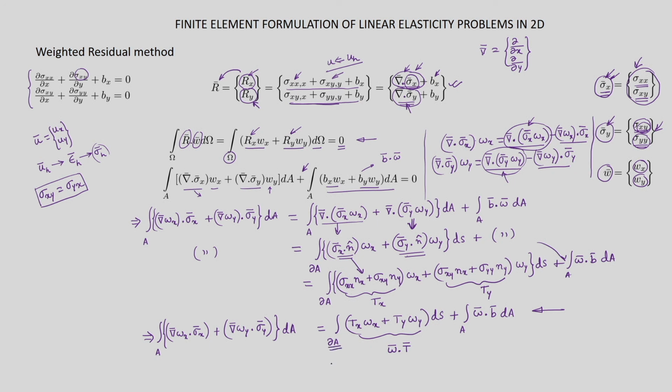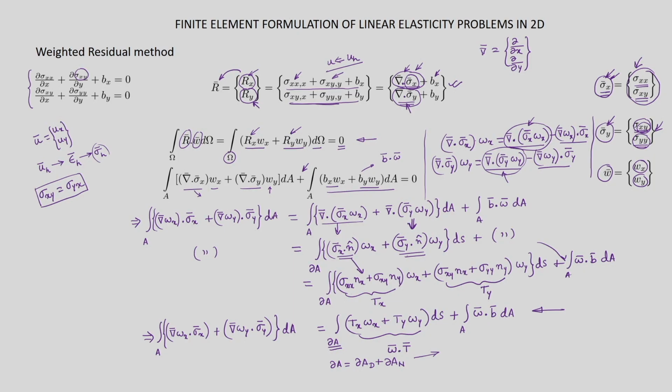Now we know that the entire boundary can be written as the Dirichlet boundary and the Neumann boundary. And you remember how we choose the weight function W? We said that W is arbitrary except where the field variable is specified.